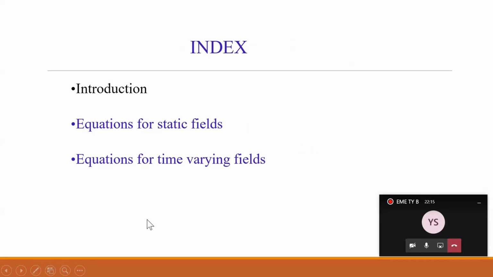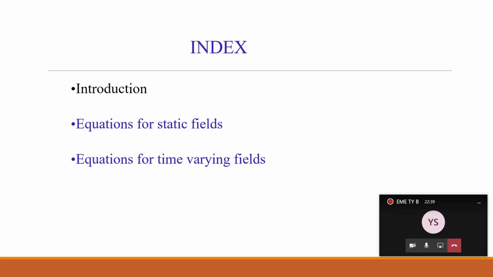These Maxwell's equations are stated for time varying fields, and secondly for static fields. Static fields means those fields which are not varying with time. Like for example, flux. If flux is not varying with time, then it is static flux. Charge is a quantity which is not varying with time.